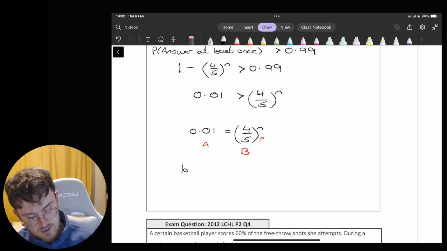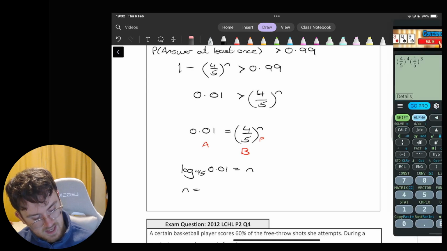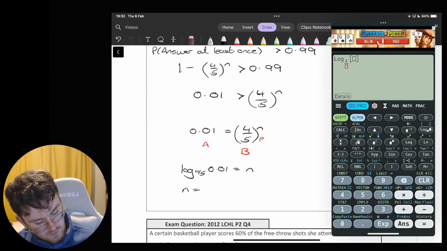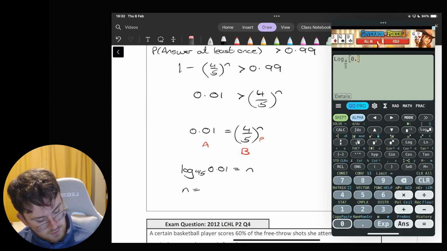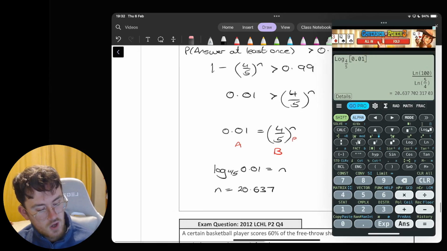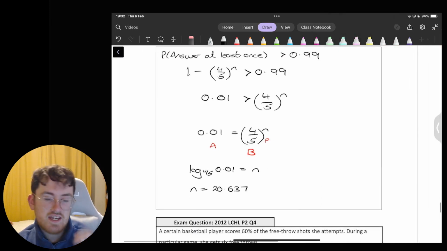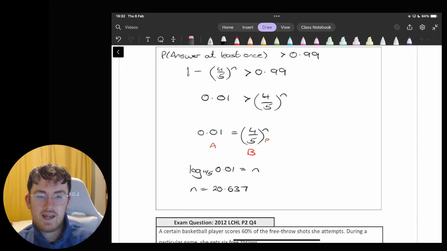So this is going to be log to the base 4 over 5, 0.01 equals n, which means that n is 20.637. Okay, we need to consider here now, does n need to be greater than or less than this 20.637?